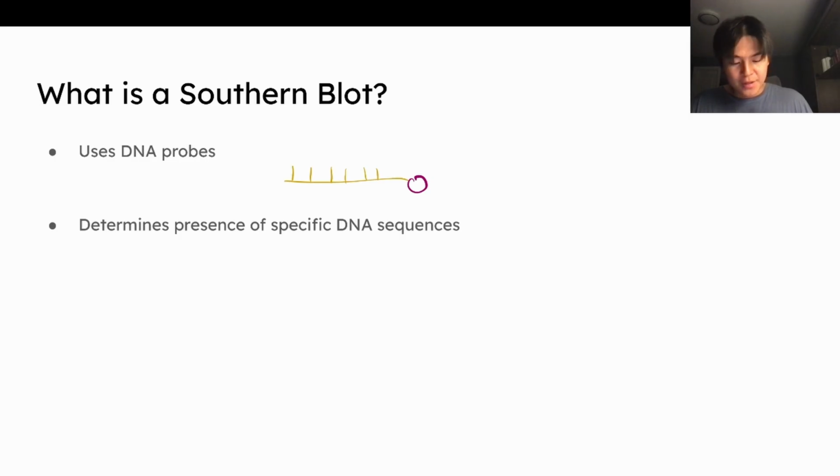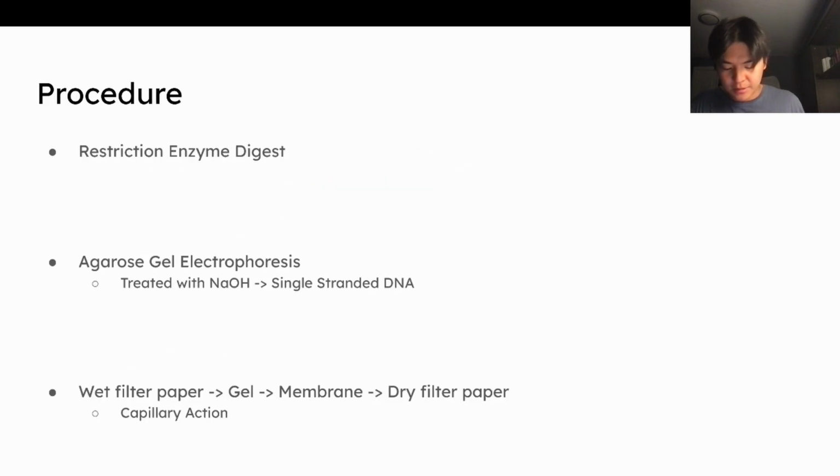But either way, this DNA probe will bind to our gene of interest or our sequence of interest. And this will be able to detect specific DNA sequences because we can synthesize these probes to be whatever we want, right?